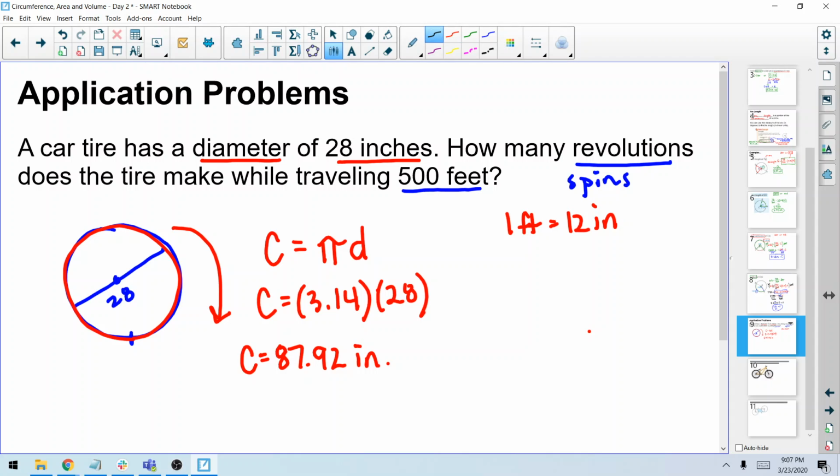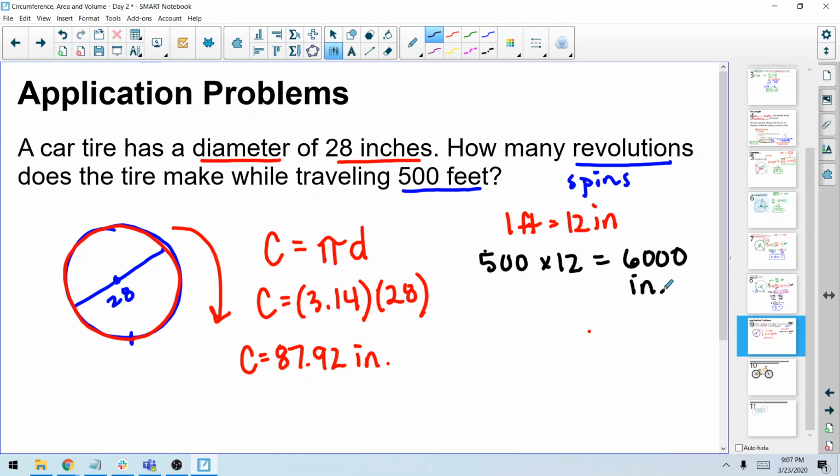So I always like to take my 500 feet and multiply it by 12 inches per foot. So 500 times 12 gets me a really large number, which is 6,000 inches.